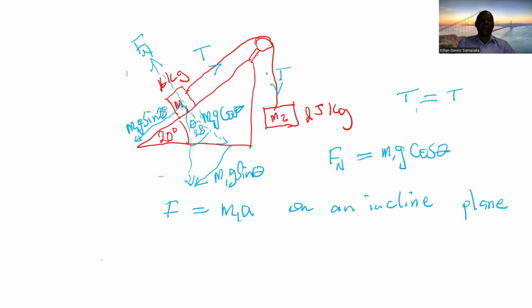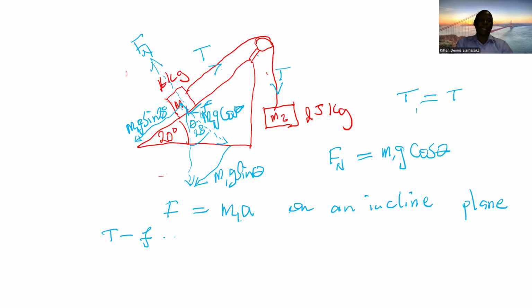And therefore, the forces which we have: the tension, which is greater because this object is moving up. So we have to subtract the opposing force. We are told that there is friction here. Friction is opposing the motion, and therefore it will be in the opposite direction. So we have to subtract it because it's acting in a different direction, against the tension force.